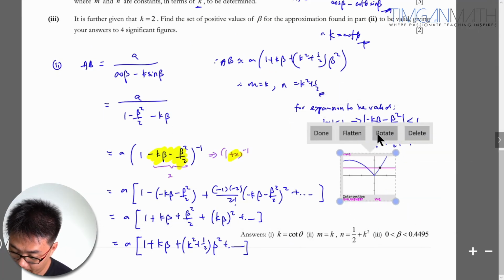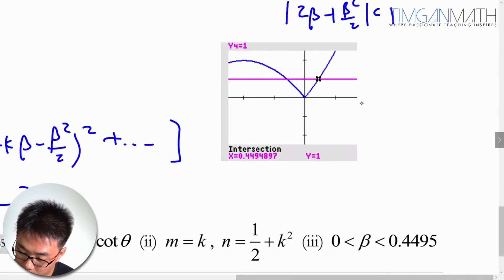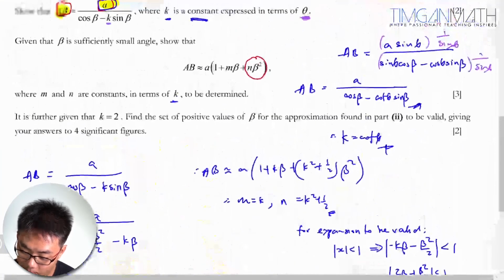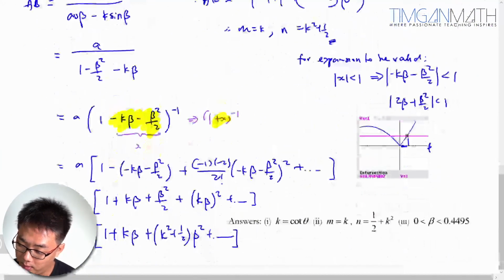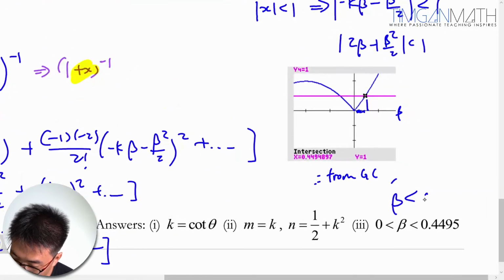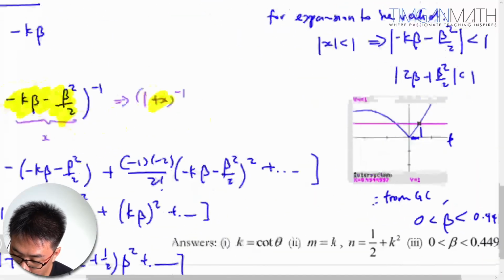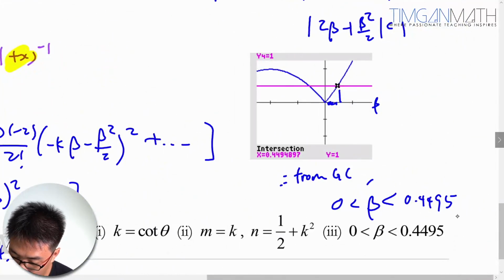So this part here is beta, the positive beta, because beta is positive. Hence, from GC, beta is between 0 and 0.4495. How many SF? 4 SF. Great.